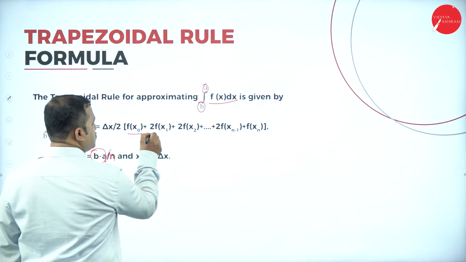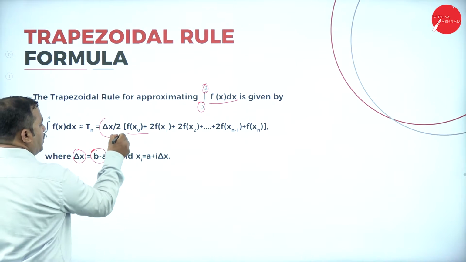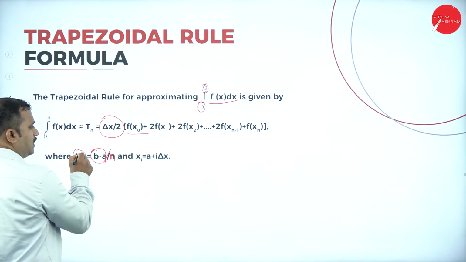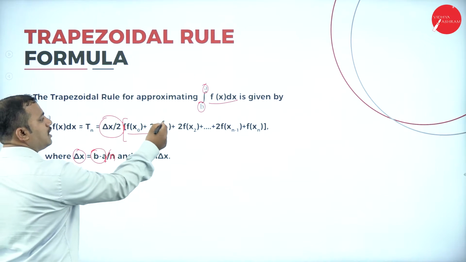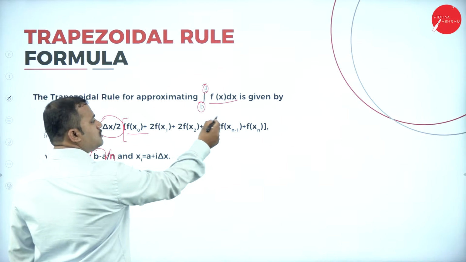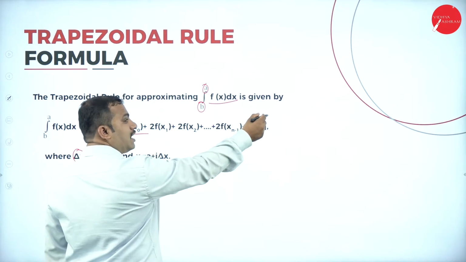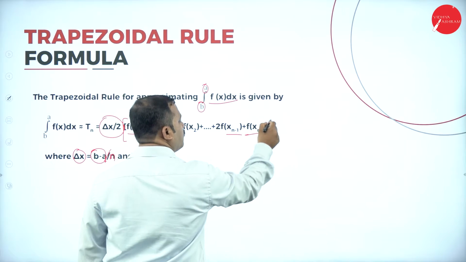where the integral is equal to delta x by 2 into f of x0 plus 2 times f of x1 plus 2 times f of x2 plus 2 times f of x3, and so on till 2 times f of x(n minus 1) plus f of xn.